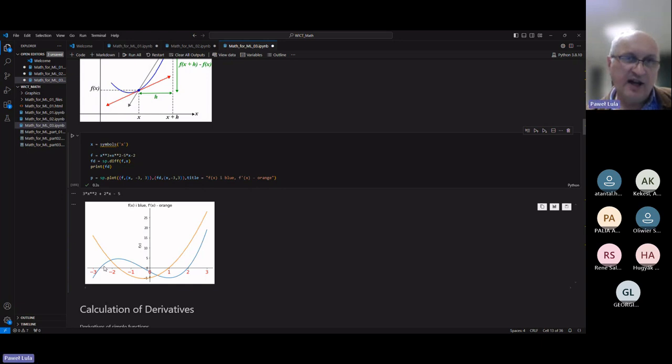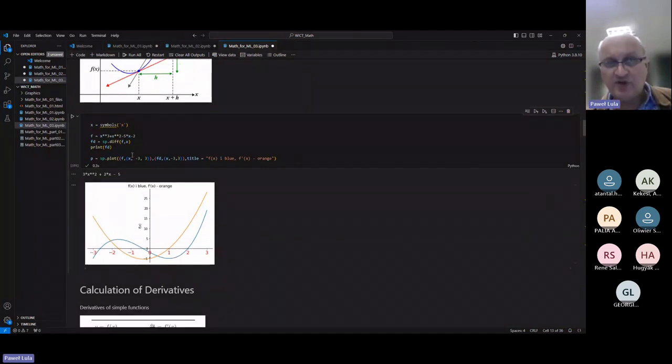These values are represented by this blue line, and the values of its derivatives at every point are represented by this orange function. Here we can see all this information.